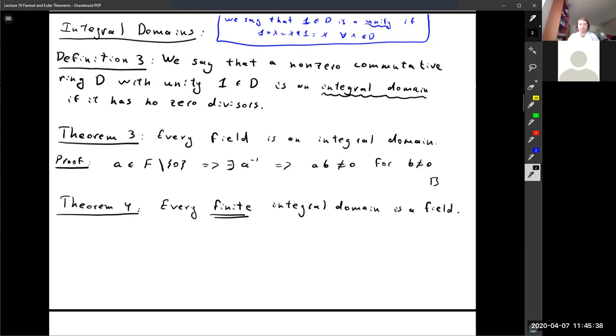The proof of that is based on the following.